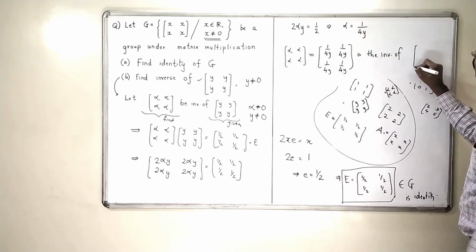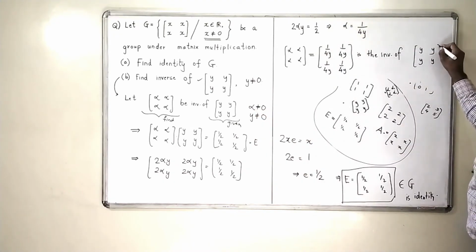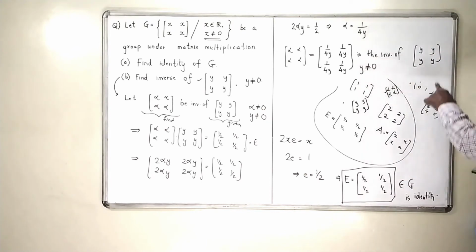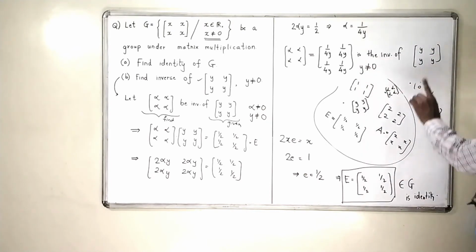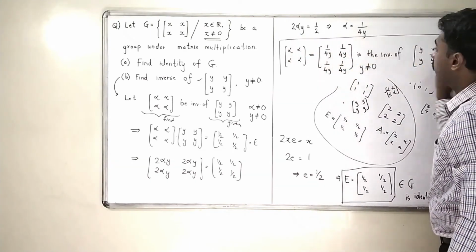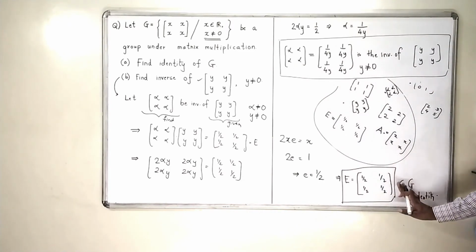It is the inverse of the matrix y, y, y, y. This y is obviously not equal to 0 because this y was not equal to 0. So we have found out the solution of the second part also. Okay, so this finishes our exercise here.